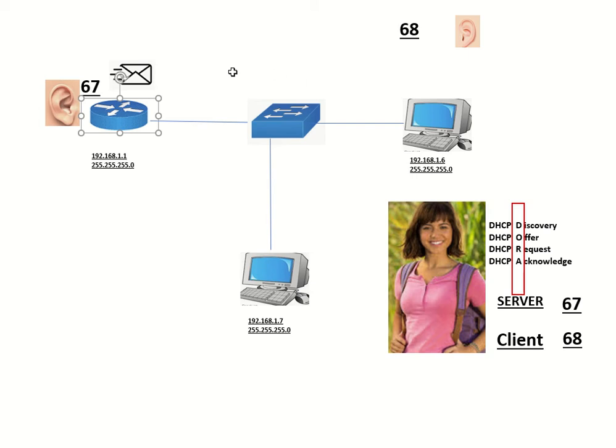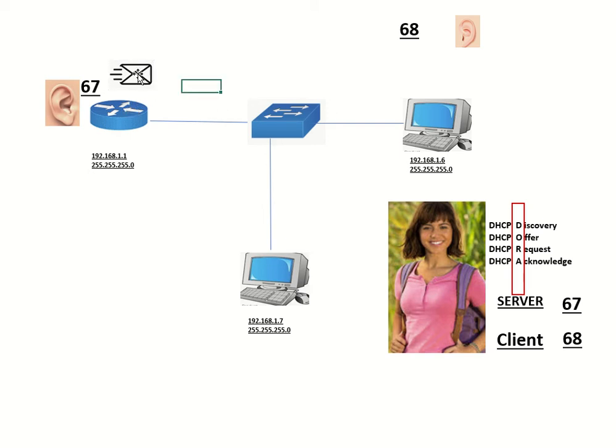That response is what we call the DHCP offer message. The DHCP offer message contains the IP address that the DHCP server would want to offer to the DHCP client.